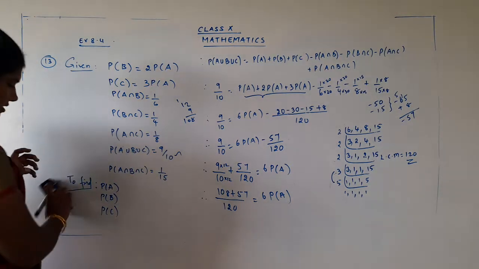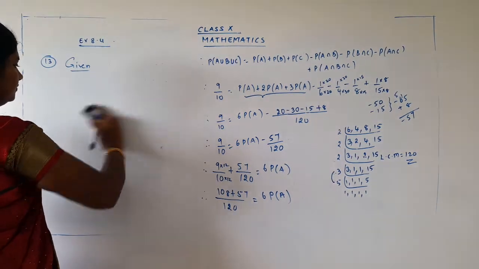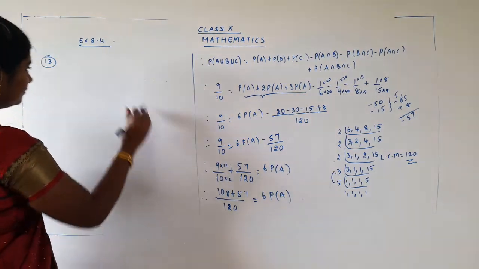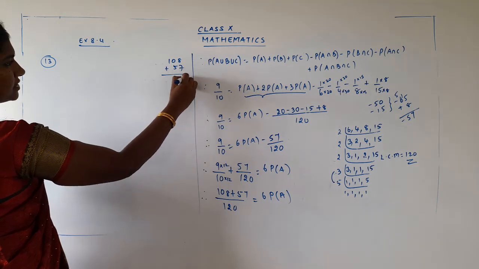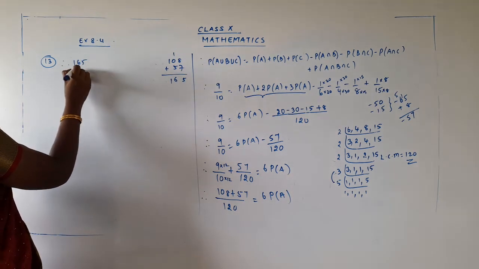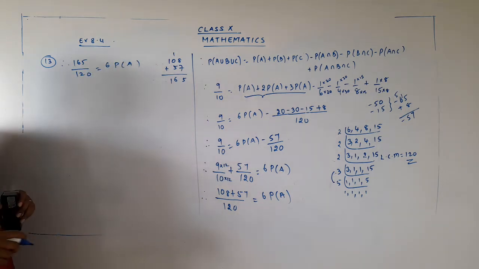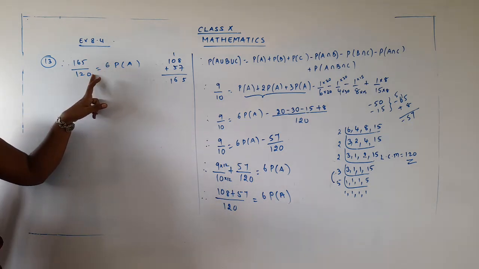So 108 plus 57, 7, 7, 14, 15, 165. I get 165 upon 120 is equal to 6 times probability of A. I want the answer for probability of A, so I'll take 6 to the denominator part.